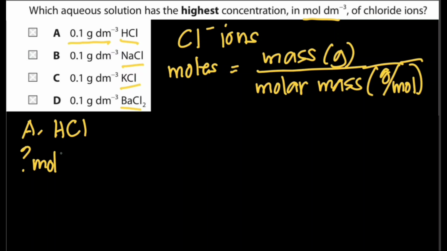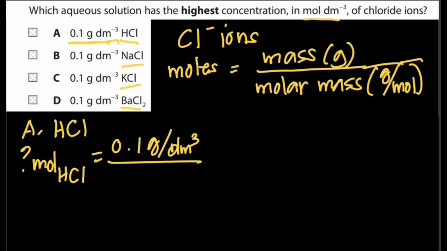So moles of hydrochloric acid is just equal to the concentration in grams per cubic decimeters, divided by the molar mass of hydrochloric acid, which is 36.5 grams per mole. Then the gram unit here cancels out.